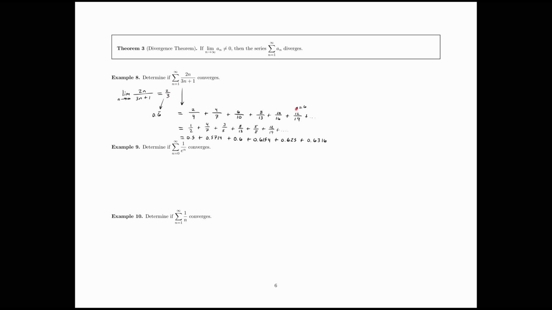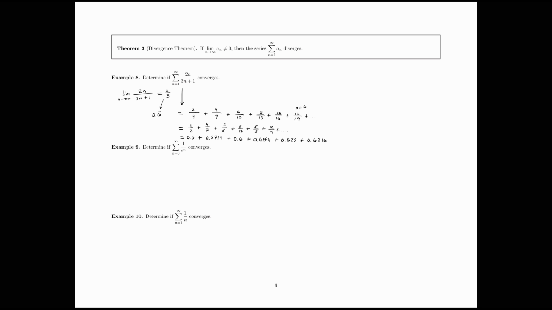So even after just 6 terms, I have 0.6316. So again, this is not exactly 0.67, but as you can see, the further we go in our series, the number that we will be adding is getting closer to 0.67.